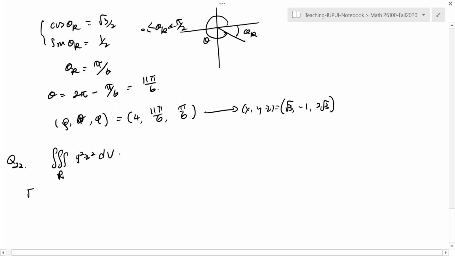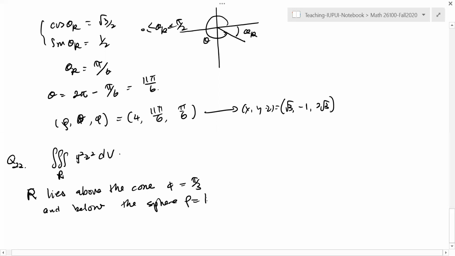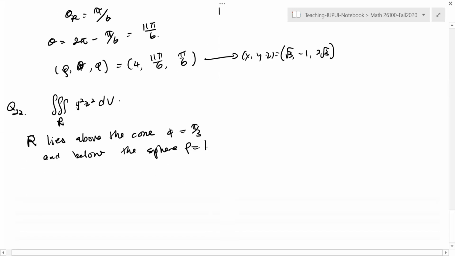Here's a description: the region lies above the cone determined by phi equals pi over 3, and below the sphere. What does that mean?